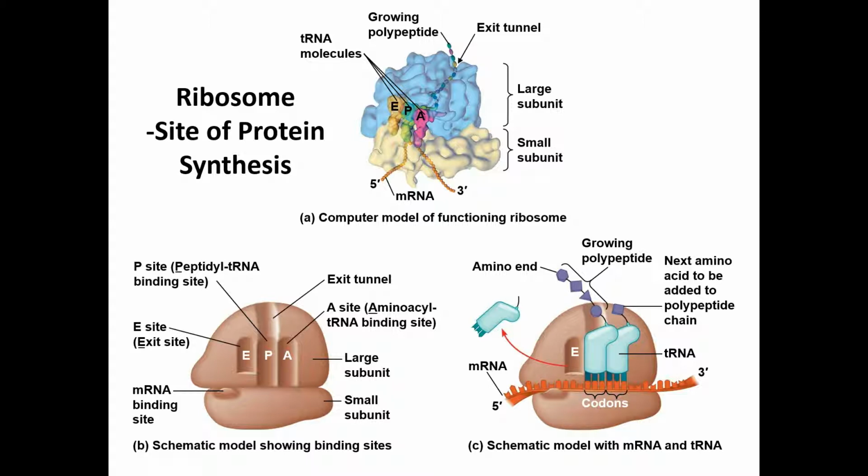The P site is where your amino acid is going to be linked through a peptide bond to the next amino acid in the chain.